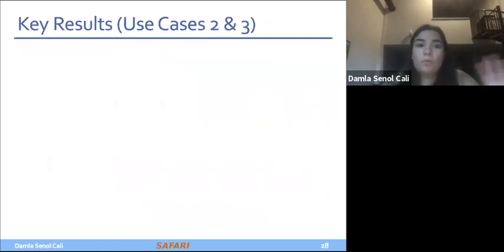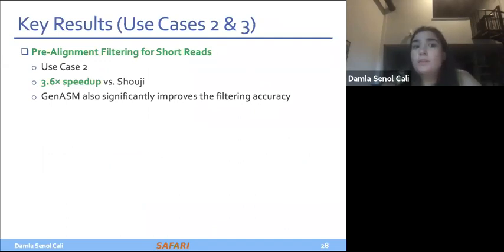So, a very quick overview of the other two use cases that we have evaluated. For the second one, pre-alignment filtering for short reads, compared to the state-of-the-art FPGA-based filter, Shouji, we observed 3.6x speedup, and GenASM also significantly improves the filtering accuracy on top of the speedup.